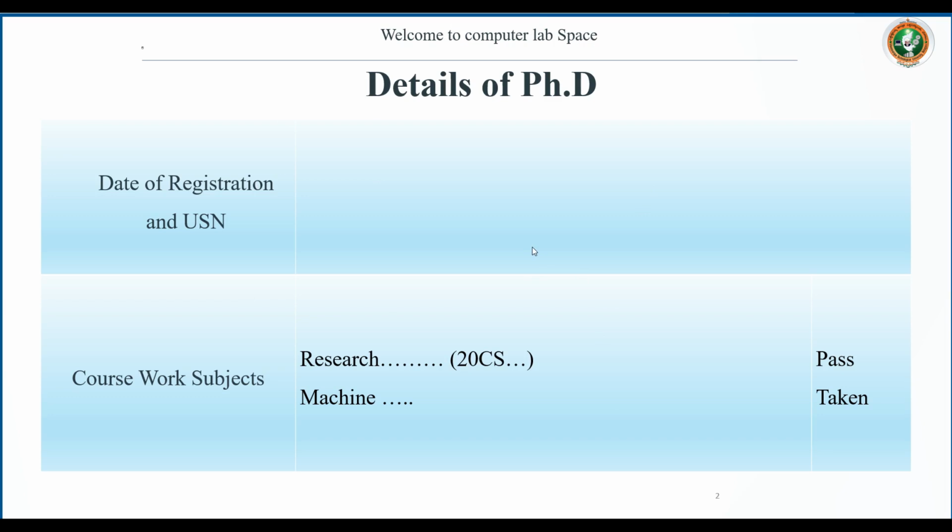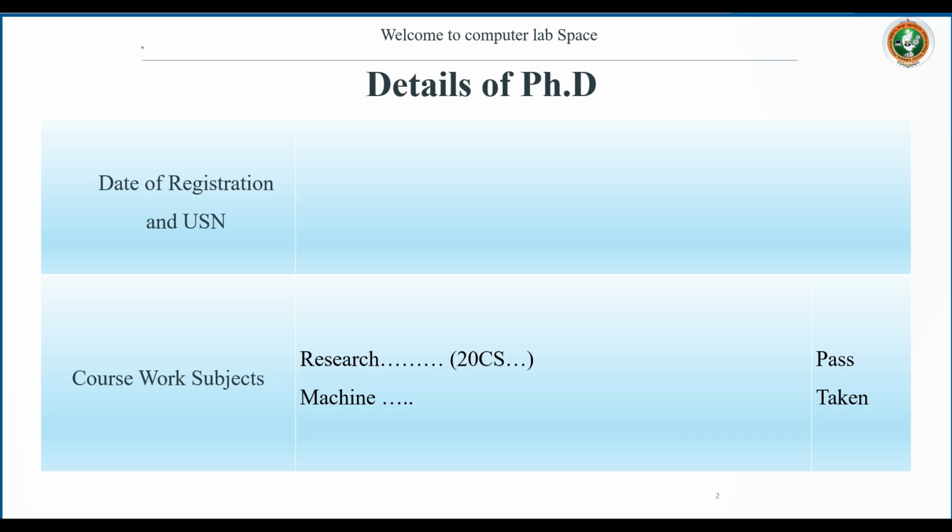Then details of PhD, as I mentioned, the second slide should be the details of PhD year, and I have made it as a table. Why? Because I need to mention date of registration and USN. Your date of registration is not the day you wrote your entrance exam, or the day you faced your interview.